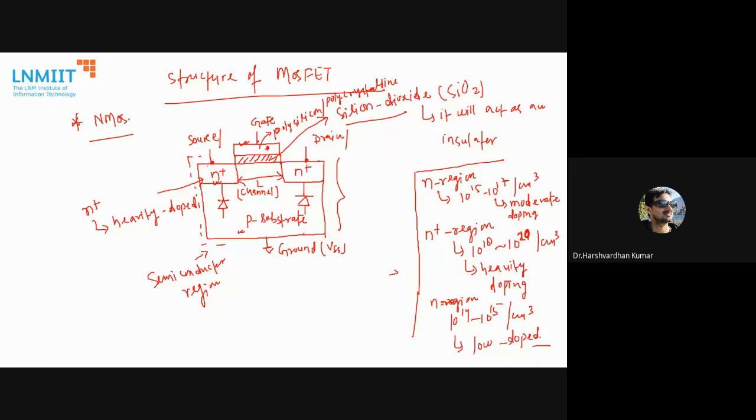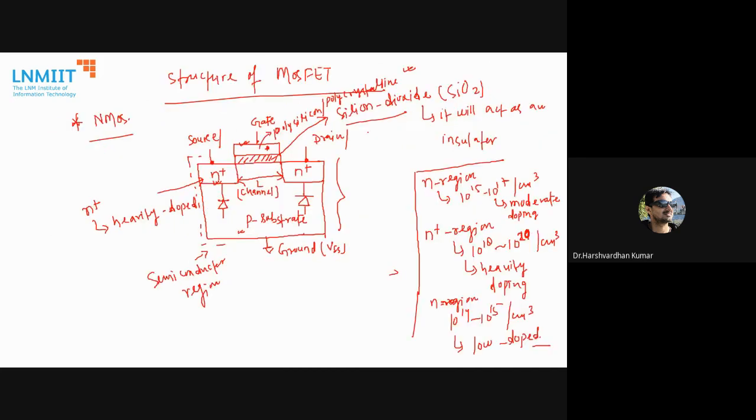Any metal you can consider, like gold, silver, or copper. But for the gate, we use a special type of contact, polycrystalline. For the source and drain, you can simply use a metallic contact, either gold, silver, or aluminum.